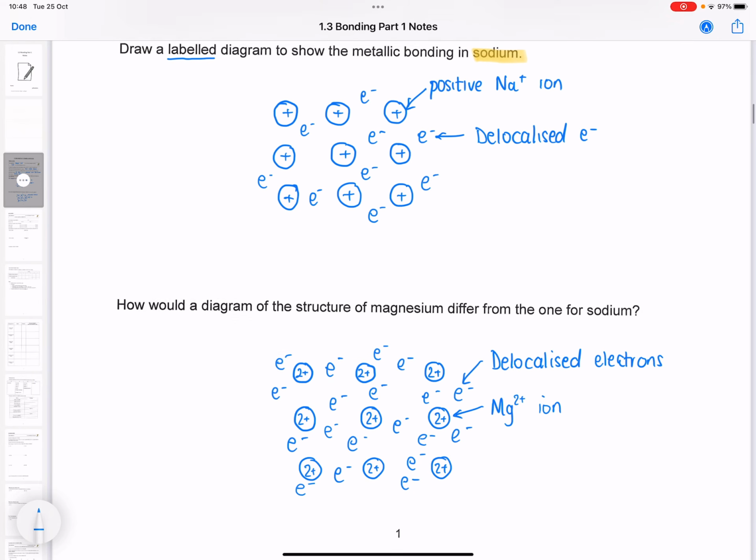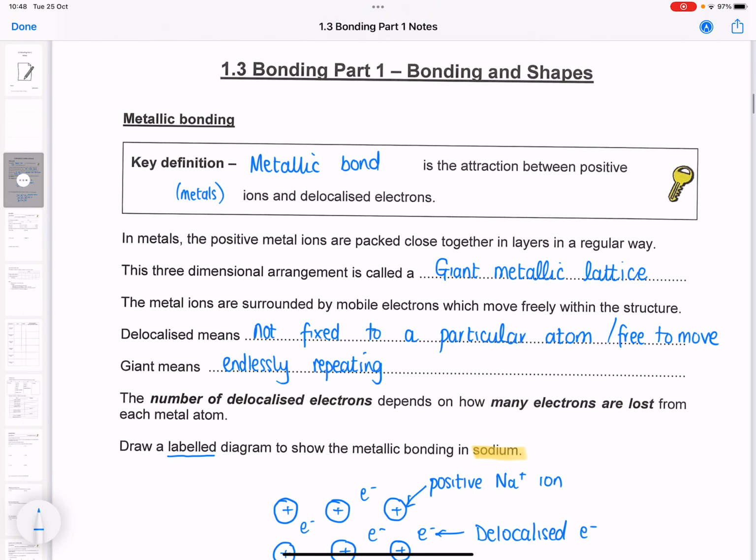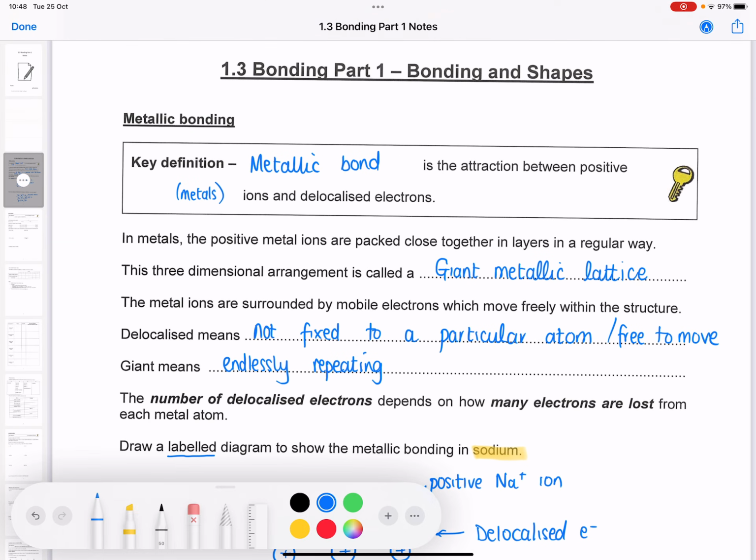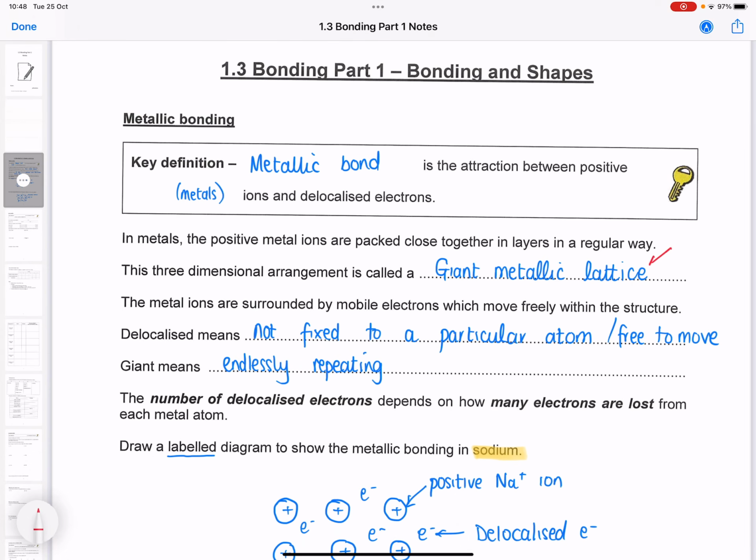So just to remind ourselves of the important terms, this phrase, giant metallic lattice, describes the structure in metals, and this, metallic bonding, describes the bonding in metals. So structure and bonding are going to be very important in this topic.